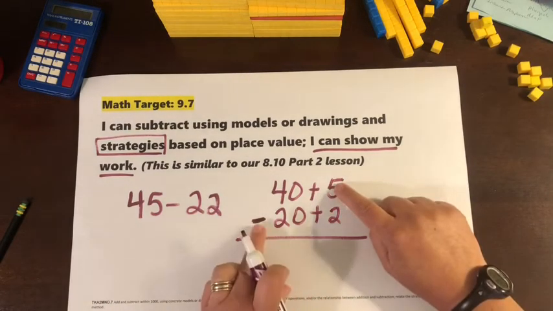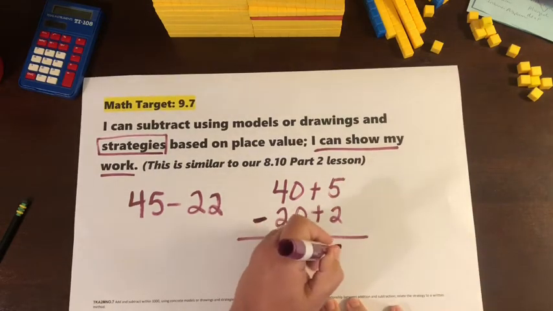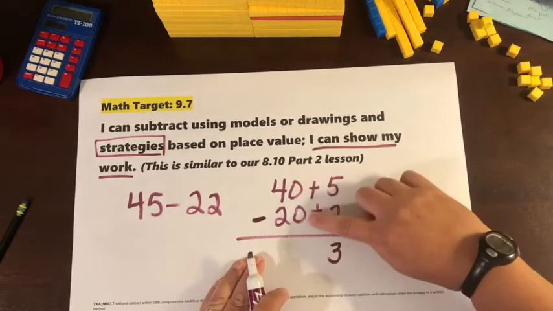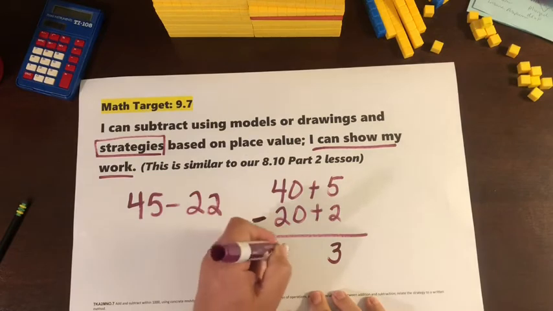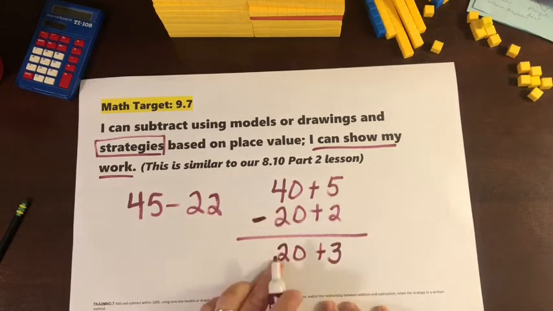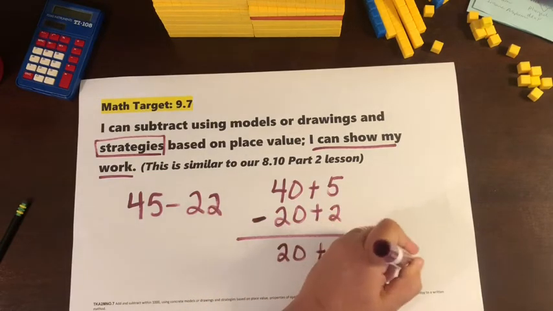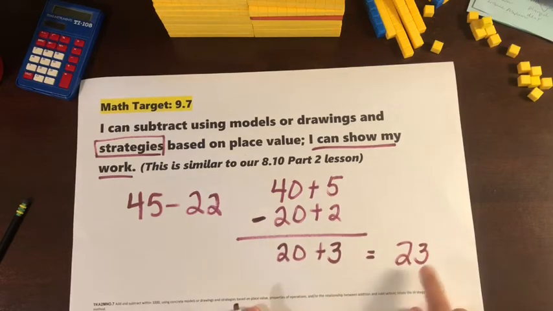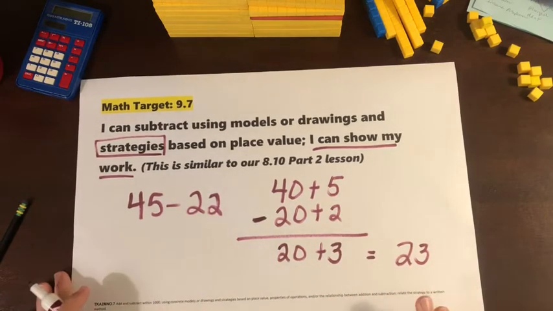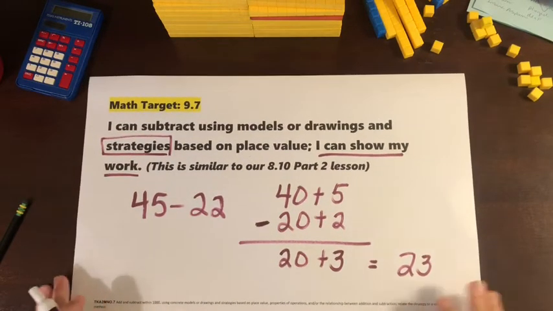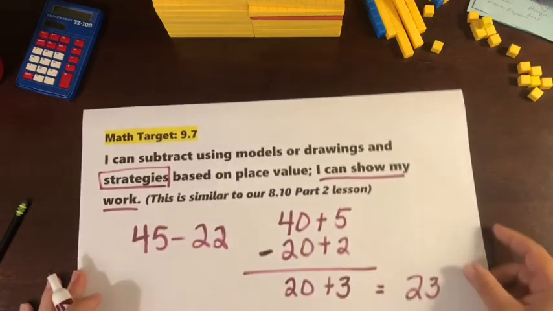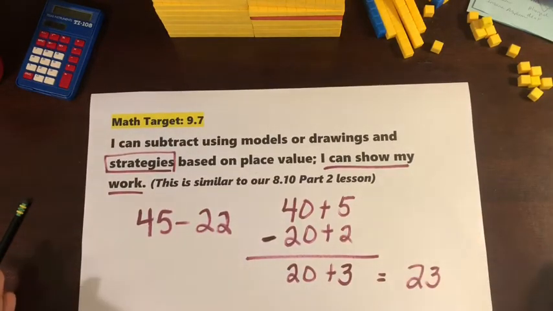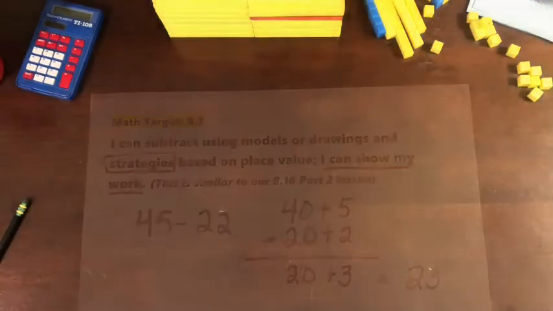So 5 minus 2 equals 3, and 40 minus 20 equals 20, and 20 plus the 3, my answer is 23. So this is what we're going to be using. We've done this before. It's kind of a review. Miss Foster kind of did a lesson earlier, but I felt like you needed it for the page to be able to understand how to trade.